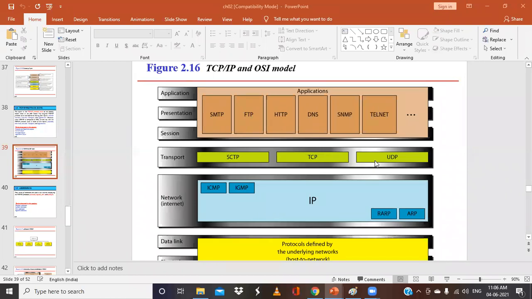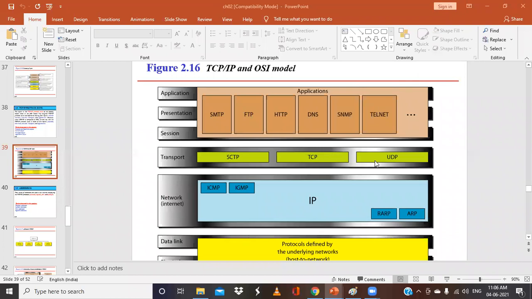I will just repeat, the task of the UDP protocol is to have process to process communication. That is, when a user wants to use an email service, for that particular purpose, there should always be a port number. So attaching a port number, identifying that port address and port number, and then finding the checksum.